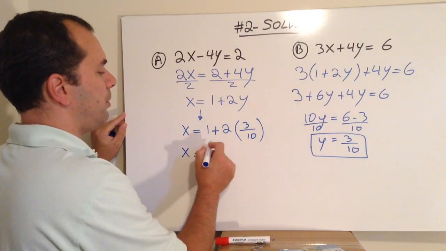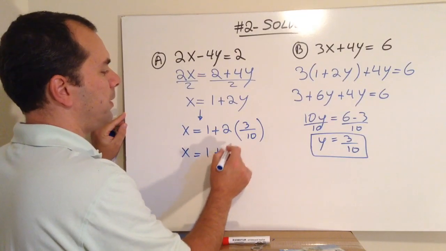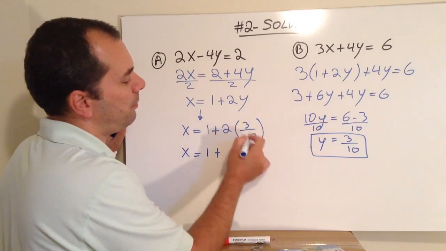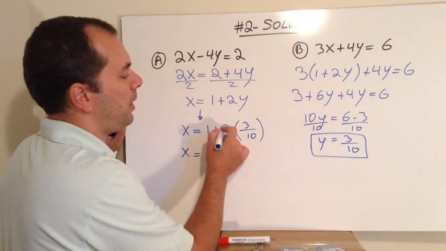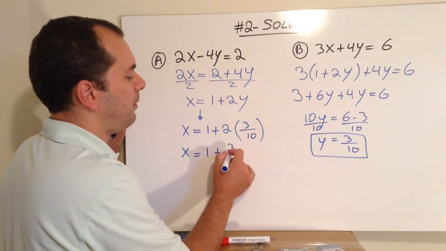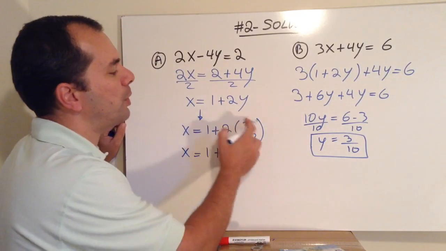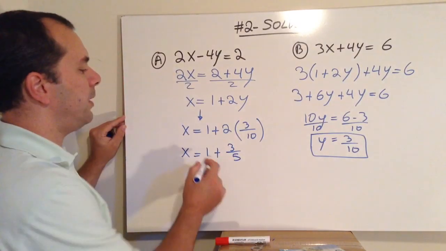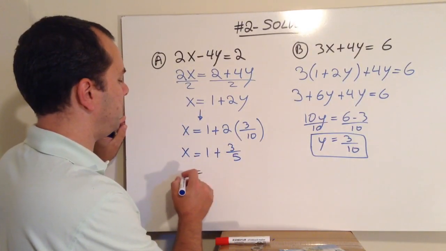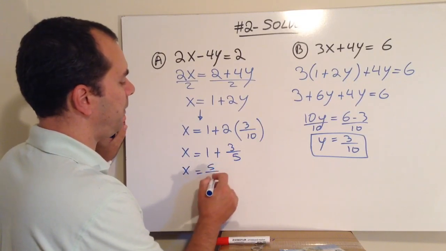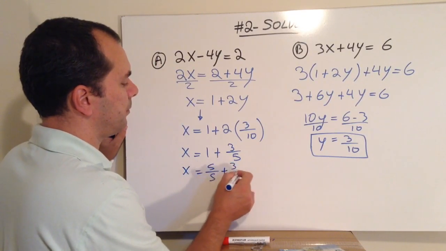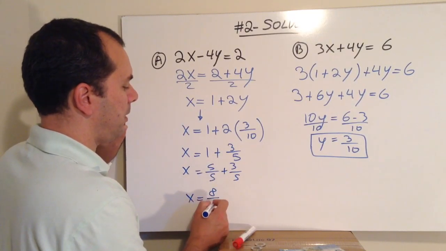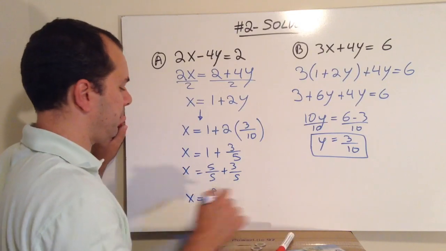So x is equal to 1 plus 6 over 10, or if I simplify it, the 2 and the 10 divide both by 2, and that's a 1 and a 5, so this is 3 over 5. Now to add 1 and 3 over 5, the 1 becomes 5 over 5, which means that x is equal to 8 over 5.